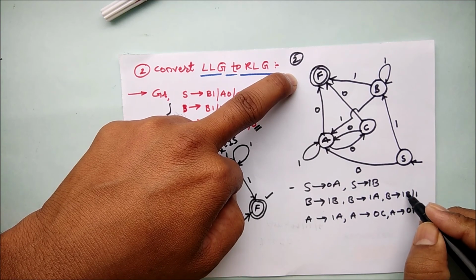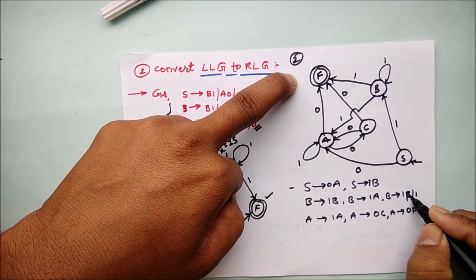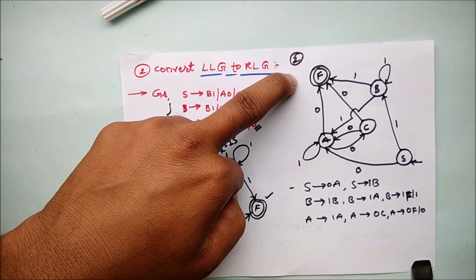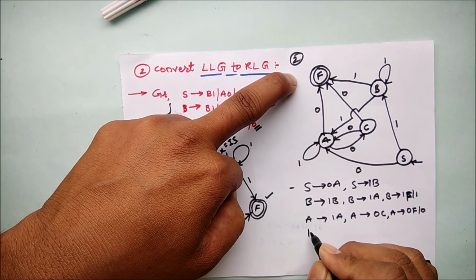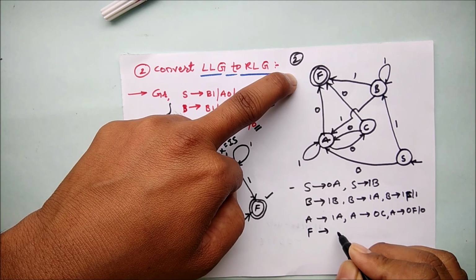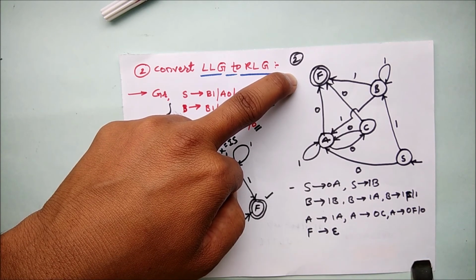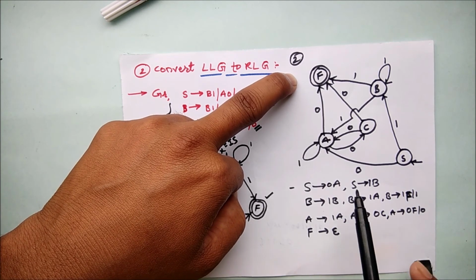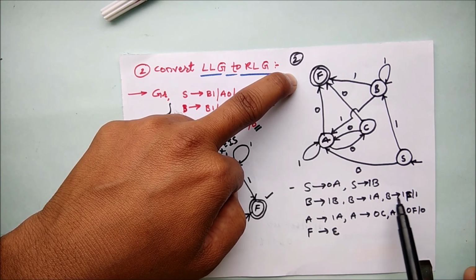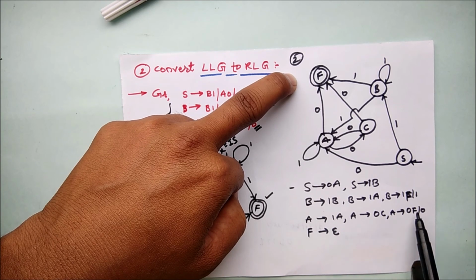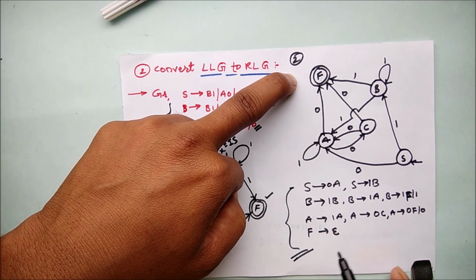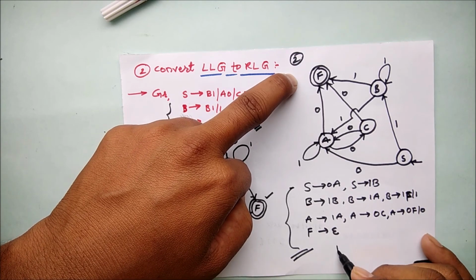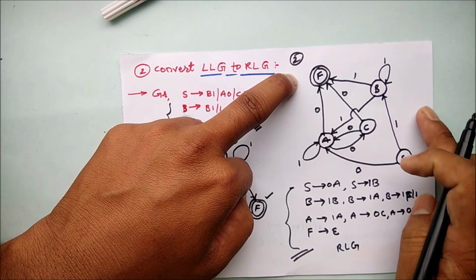So please make a simple change here, it should be 1F1, right? So 0F0, and then finally F gives, as it is going nowhere, we can write epsilon. So in this way in total you can see 1, 2, 3, 4, 5, 6, 7, 8, 9 production rules are there, my dear friends. So this is your RLG.